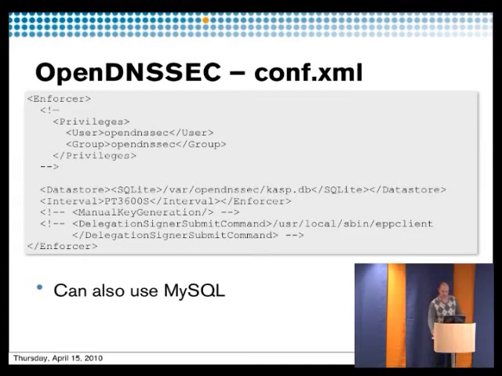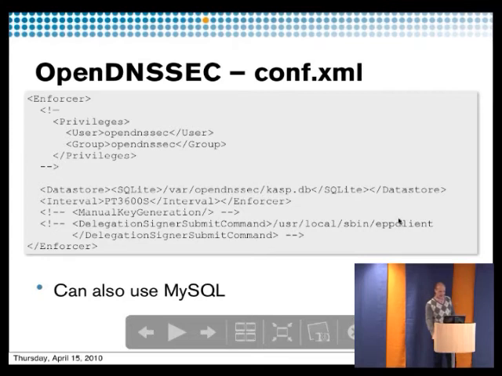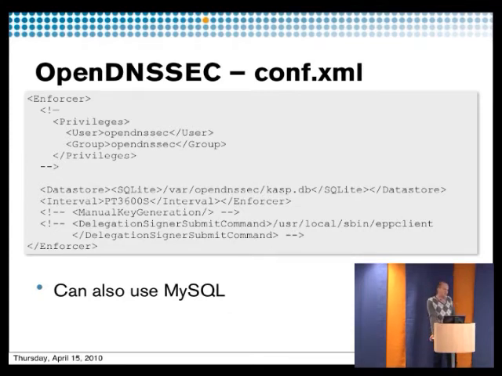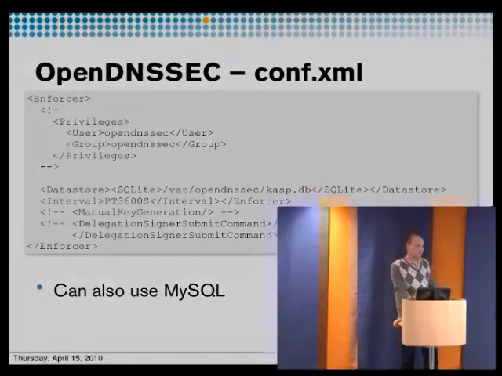But we have the EPP client, as we said, so all it takes is the DNS key RR set sent on the standard input to that. So if you want to integrate OpenDNSSEC into your EPP environment, then you just provide a command that can parse the standard input for the DNS key resource records, and then you have to convert the records over to DS records, which you then can send up to .se.